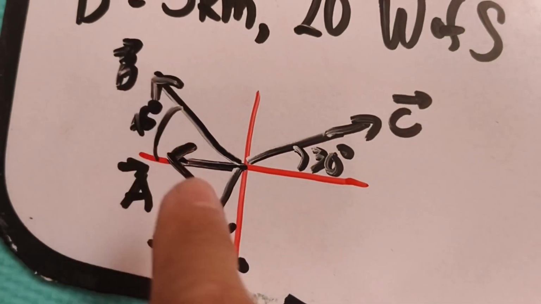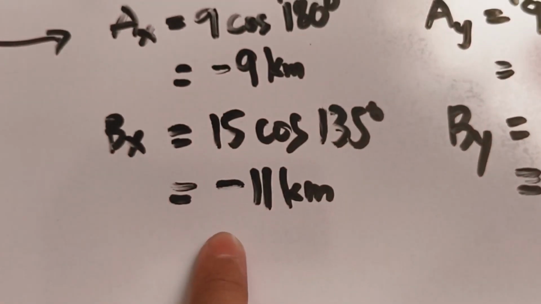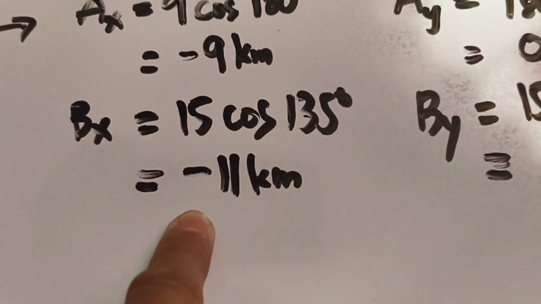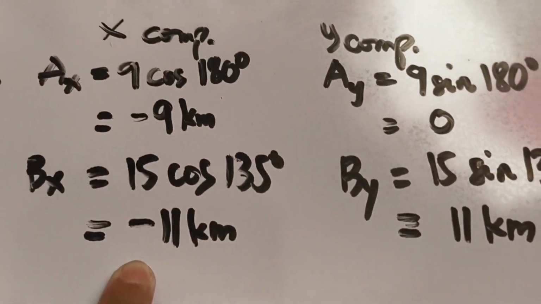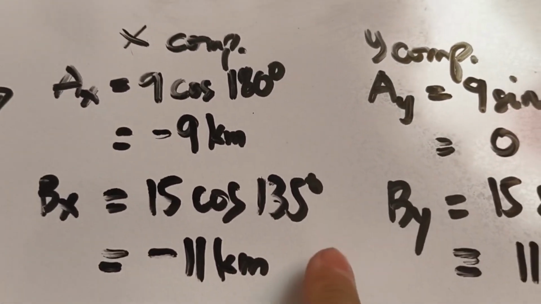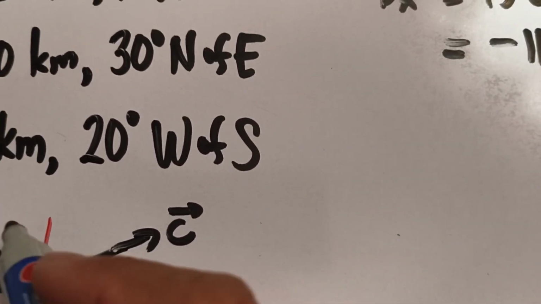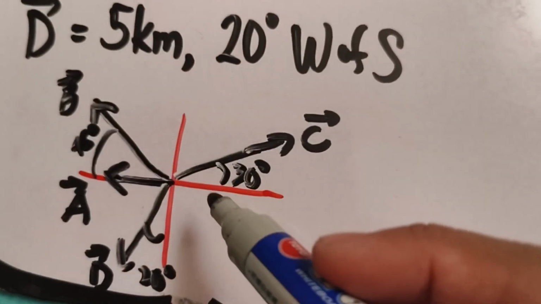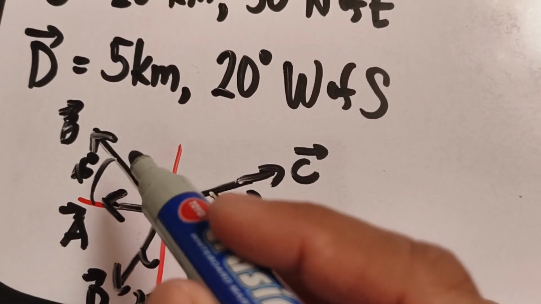Titingnan mo pa ngayon. Paano pag nakalimutan mo yung negative sign na yan? So, that will make a big difference sa answer mo mamaya. Okay? So, para na lang hindi kayo malito, use the angle from the positive X to the vector. Ganito, from the positive X papunta doon ay 135 degrees ang angle.